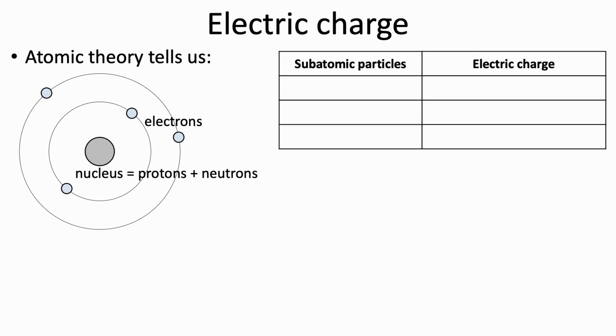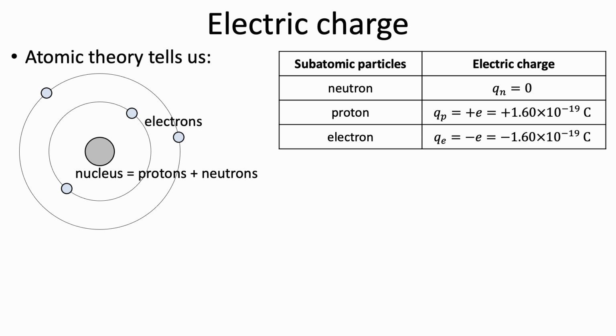These subatomic particles, neutrons, protons, and electrons, have the following electric charges. We will use Q for the electric charge. The electric charge on a neutron, or Q sub n, is exactly 0, so it is electrically neutral. Each proton has charge Q sub p, which is equal to positive e, or positive 1.6 times 10 to the negative 19 coulombs.